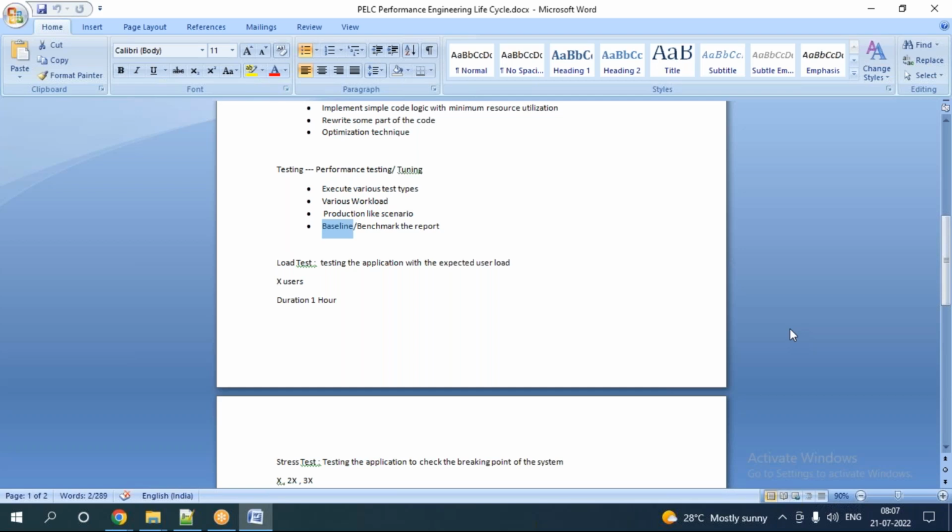So slightly we have to change that understanding. Baselining means you did one round of test in the July month, and you feel the numbers are very, very good. Your transactions, your errors, your CPU, your memory, all those things are actually very good.